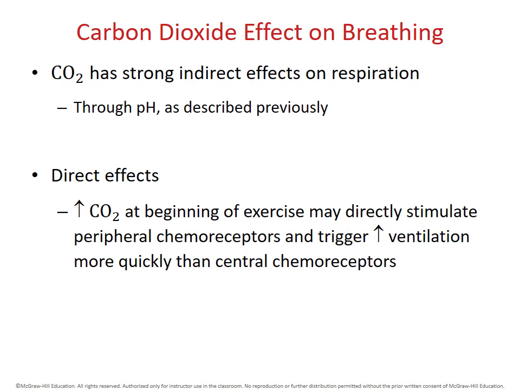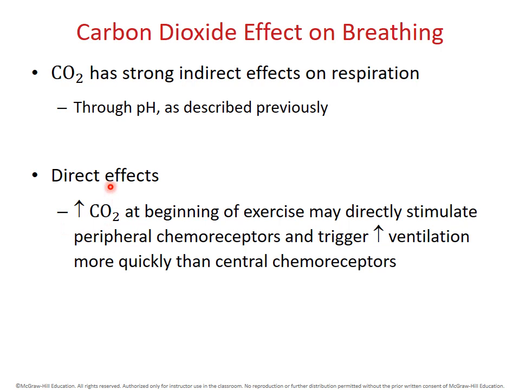So pH, as we said, has the strongest effect on our respiratory rates. CO2 has a less potent effect on these chemoreceptors, and primarily it works through its direct effect on pH. But CO2 itself can also weakly affect the medulla.